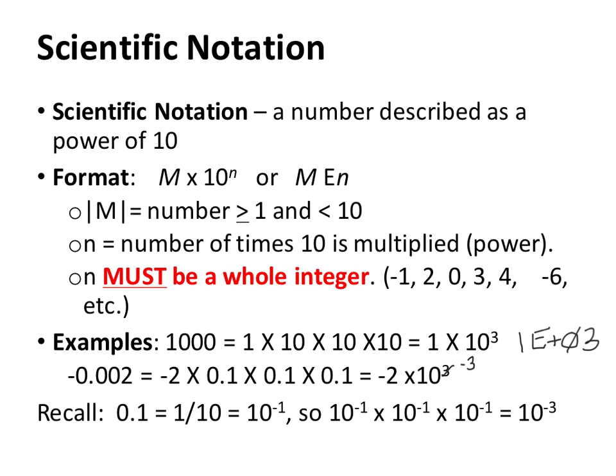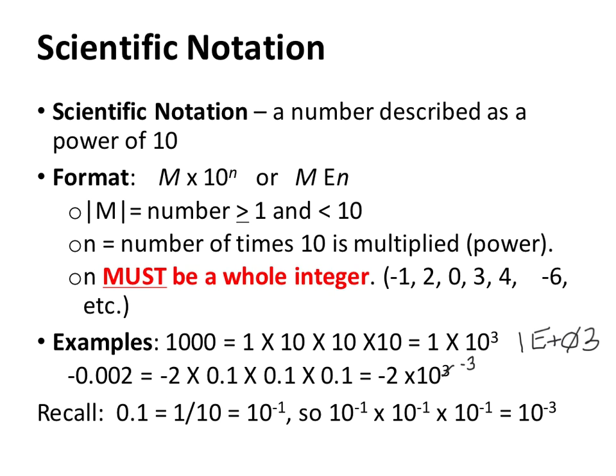So let's look at an example that has a negative value. Negative 0.002. How can I represent that in scientific notation? The best way to do that is, first of all, I have to find my m value. Since in this case we only have one number, that's the 2, right? I can say that that's going to be my value. So I'm going to put 2, and I'm going to put the negative with the 2.